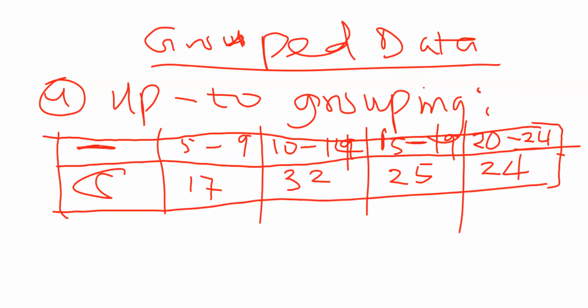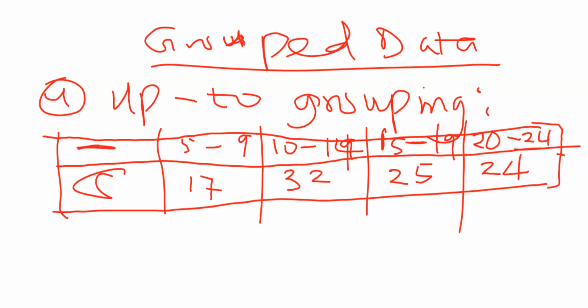That means what you are seeing on the board, 5 to 9, 10 to 14, is what we call class limits. The limit for the first group is 9. The limit for the second group is 14. It doesn't pass that. So there will be what we call upper limit and lower limit. The lower limit for the first group is 5, the upper limit is 9.